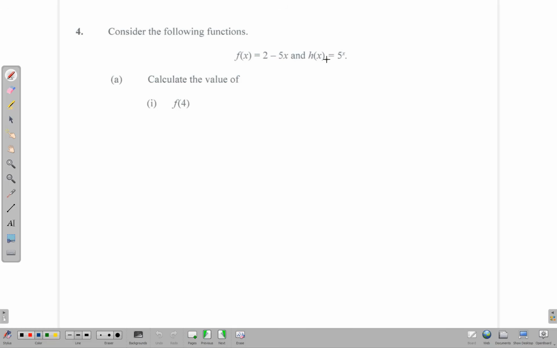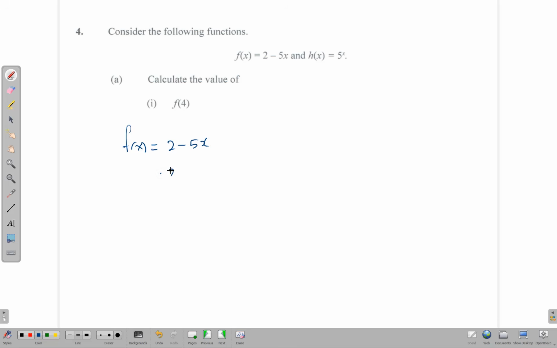So first we want to work out f of 4, and that means we're going to substitute 4 for x in f of x. So let's write down f of x. f of x is equal to 2 take away 5x. We're going to substitute the x with 4.